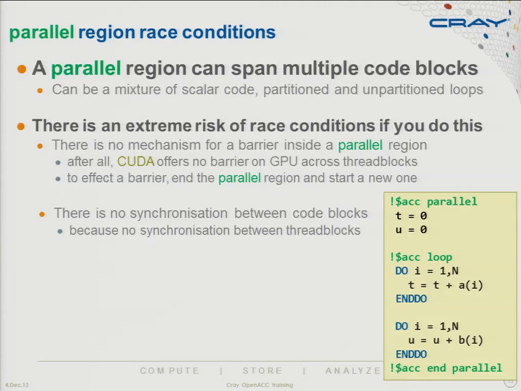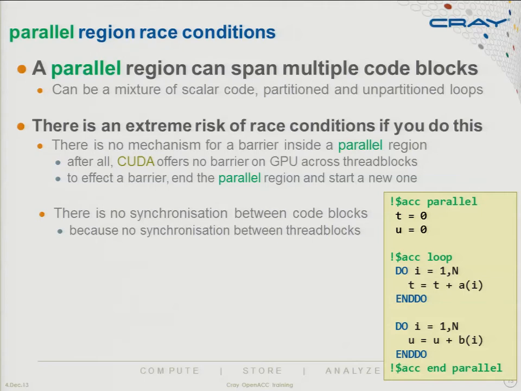The reason that's not a good idea is because there's no barriers on the GPU in CUDA or OpenACC. There's no barrier here. There's no barrier here. The barrier only comes here. So all the threads will set this to be 0. But then some threads will be quick at that, and some threads will be slow, and other threads will already have started this and be overwriting values, and the slow ones will then destroy half of these values that you'd added into T. There's race conditions everywhere.